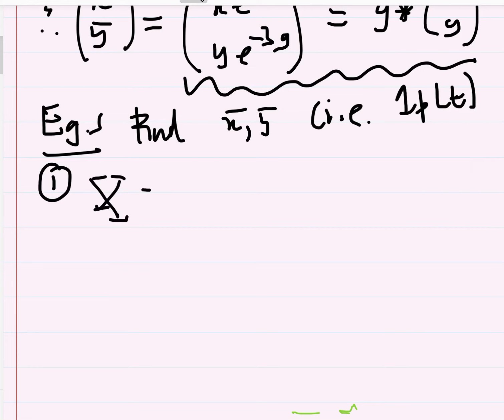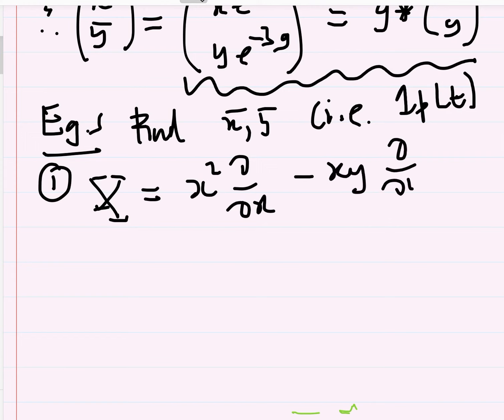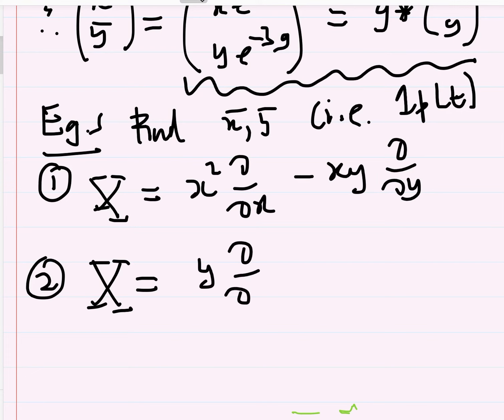In the first case, let's suppose the vector field is x squared d by dx minus xy d by dy. Secondly, suppose the vector field, the tangent vectors are y d by dx minus x d by dy.